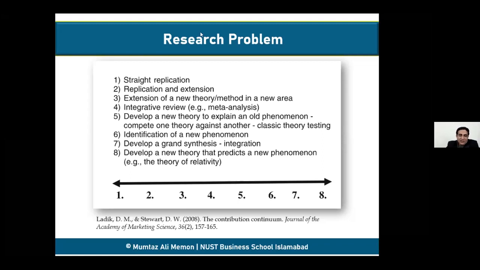For example, straight replication comes first, on this side. The first means the lowest in rank. Replication and extension together is still second. As the list goes on, you see where you can park in.